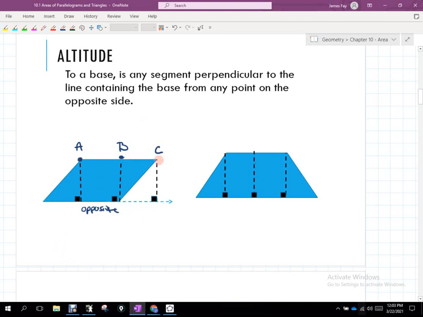Or we're going to start at C, and now I can't go perpendicular to the opposite side because if I draw essentially any segment from C, it will not intersect this opposite side, right? So that's why this phrase says to the line containing the base.